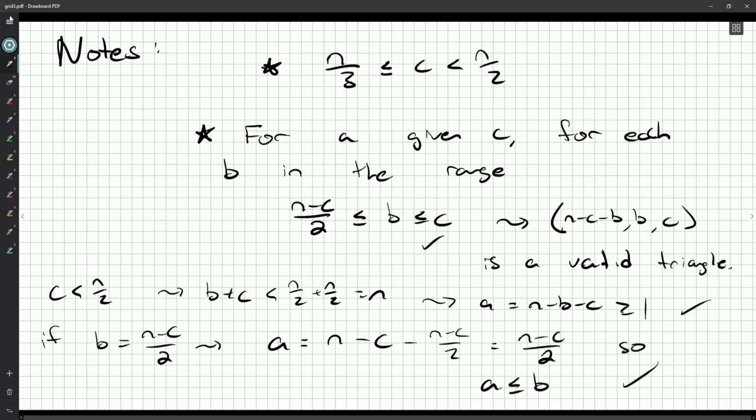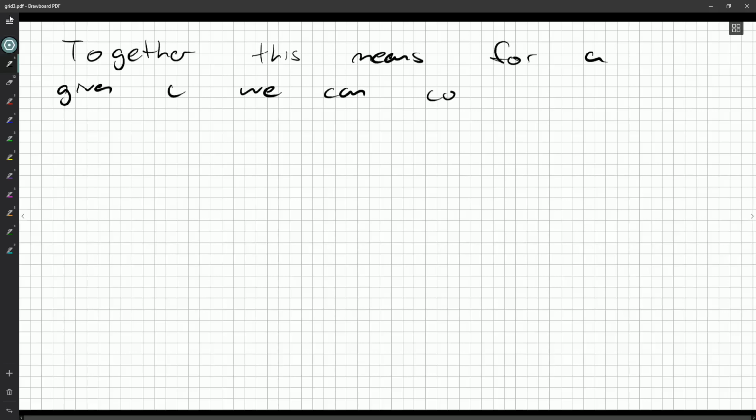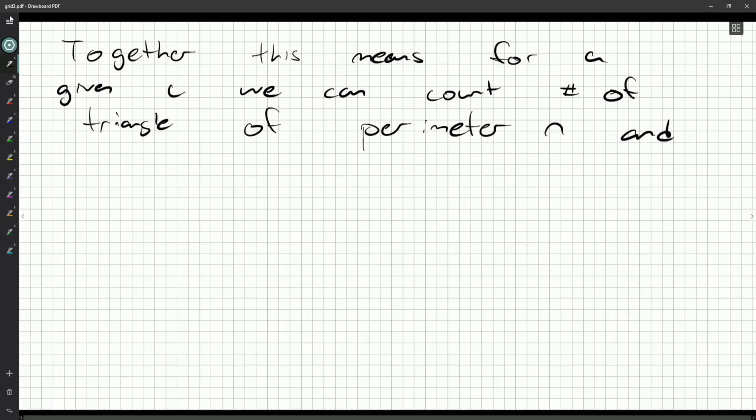So together, this means for a given c, we can count the number of triangles having a perimeter of n and c as a length.